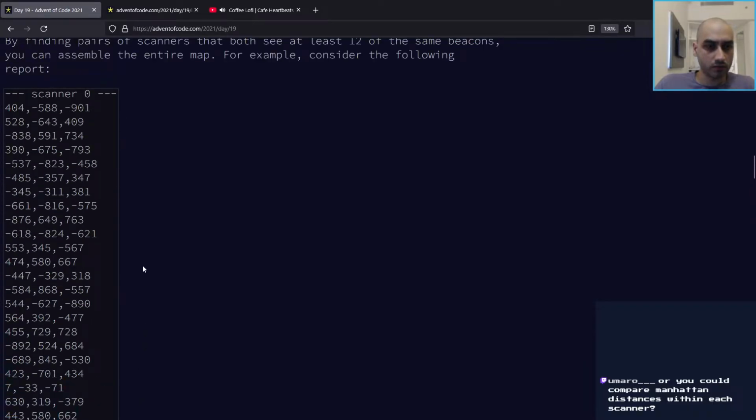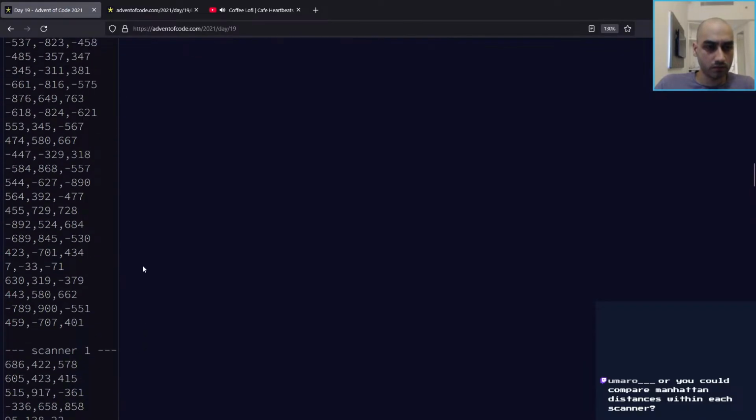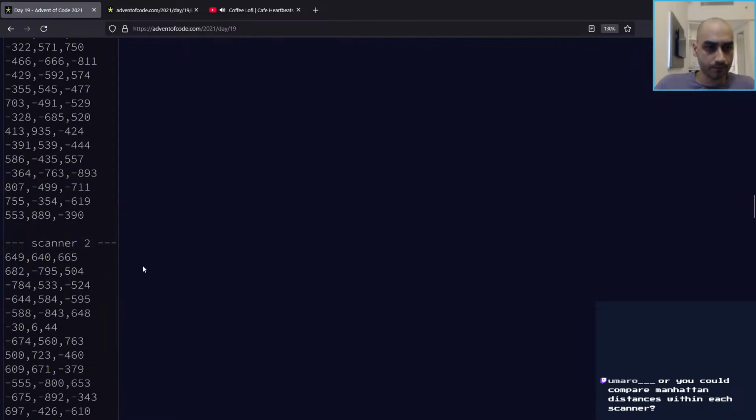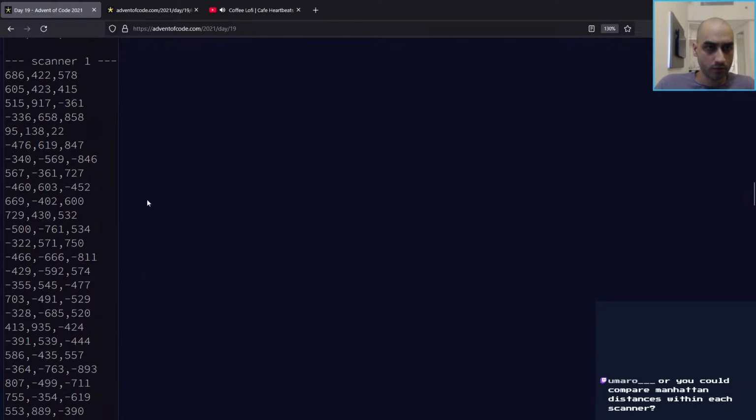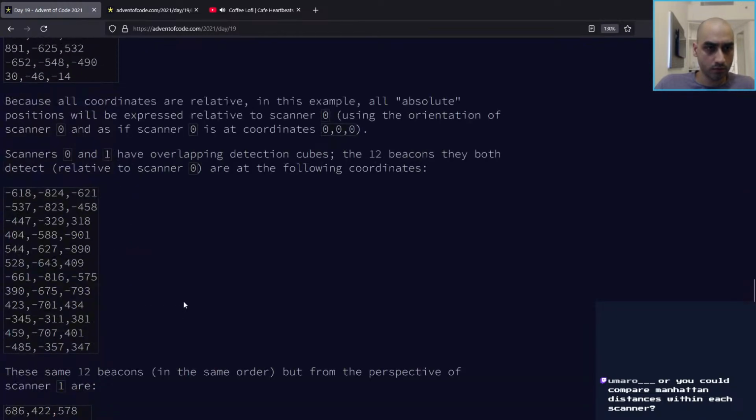So alright, they seem to be establishing that it's a fact that every pair of scanners has at least 12 beacons in common.